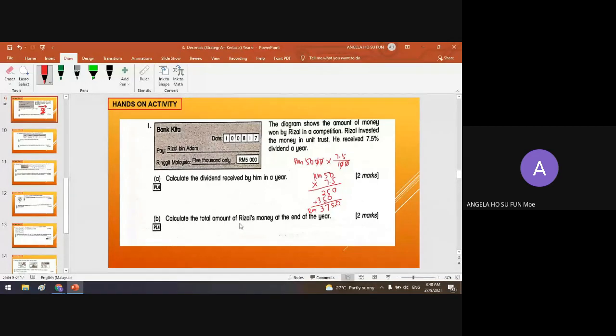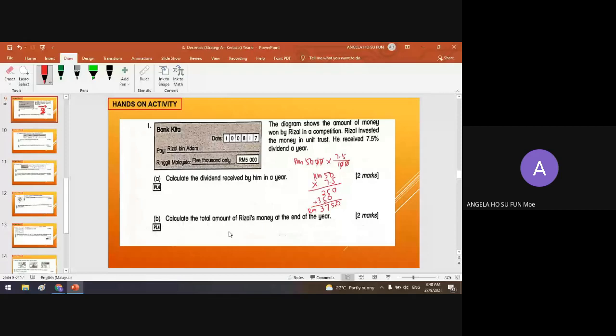Calculate the total amount of money at the end of the year. 5,375 ringgit. Okay, who are you there? Zera. Zera, why only Zera? Okay, next question. Zera, you just keep quiet. I just want to ask the rest of the people there to try to answer, teacher. I know you know already because you are following the class. Okay, I like your attitude there.